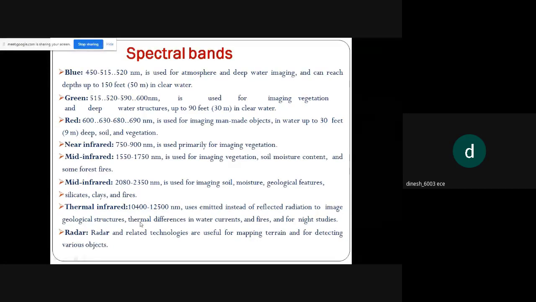And the thermal infrared from 10,400 to 12,500 nanometers, used for measuring emitted reflections of geological structures, thermal differences in water currents, fires, and is used in night studies.